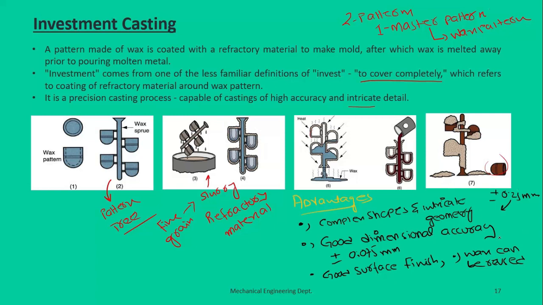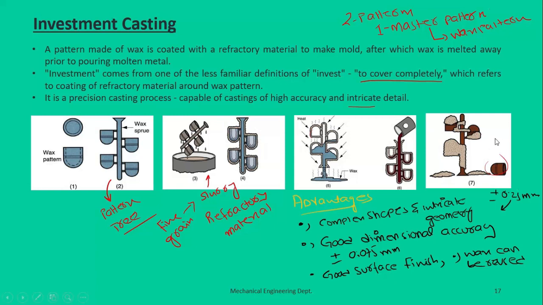But it's a relatively expensive process. This one is expensive because we need to make a master pattern, then from that master pattern we make a wax pattern, and from that wax pattern we make a refractory mold cavity, and then you get the final product. So it's a relatively expensive process.